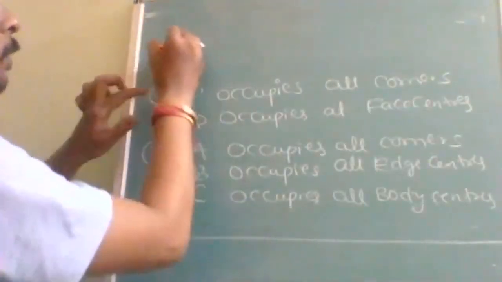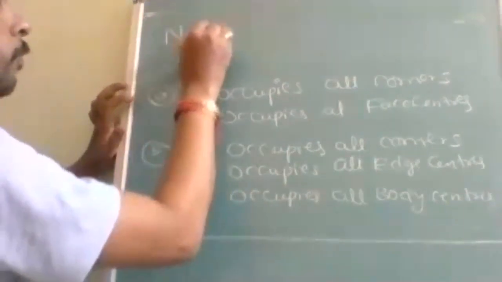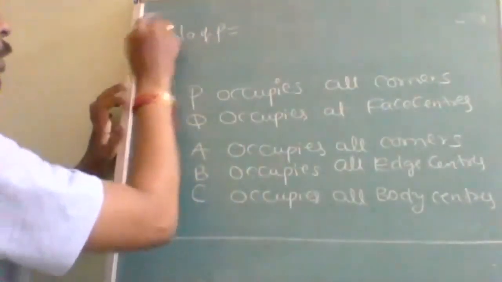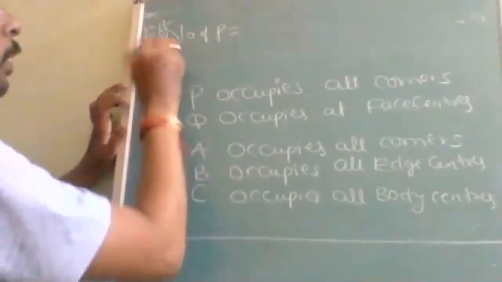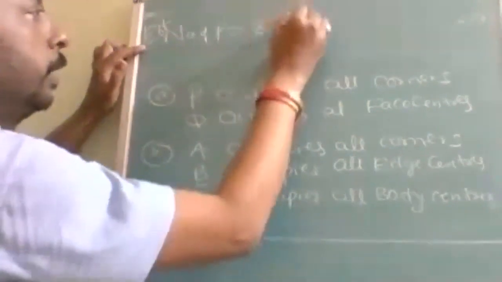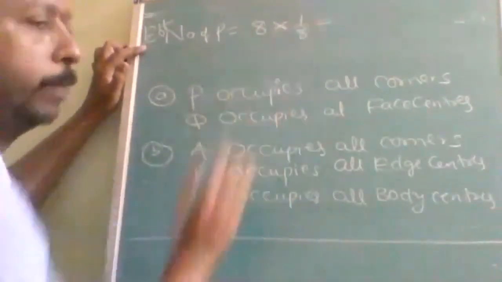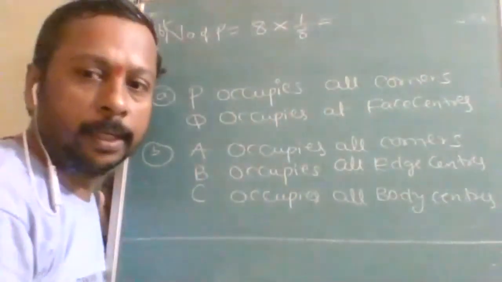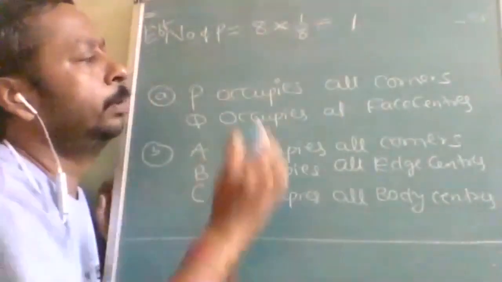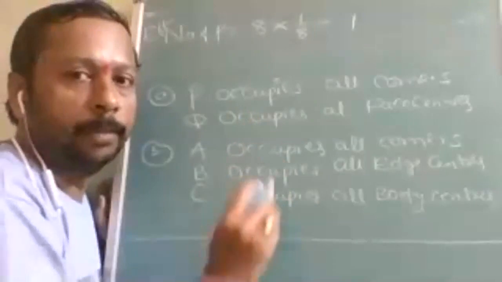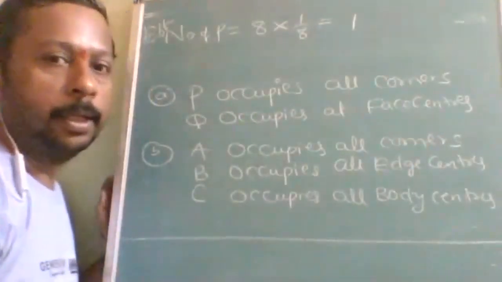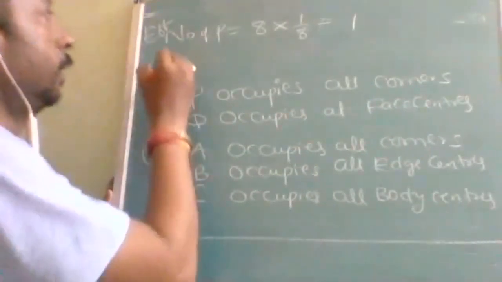P occupies corners. Now I will write the effective number directly. Effective number of P: 8 corners, but their contribution is 1 by 8. So P will be 1 only, because 8 into 1 by 8. And Q occupies face centers.